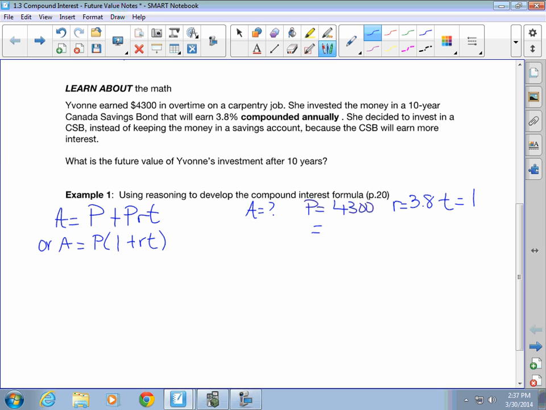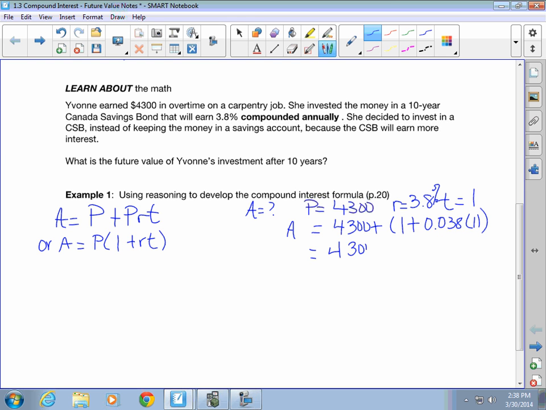If you did it this way using our formula, we would have A is equal to 4,300 times 1 plus our R. We should change that into a decimal because it was 3.8%, so 0.038, times 1.